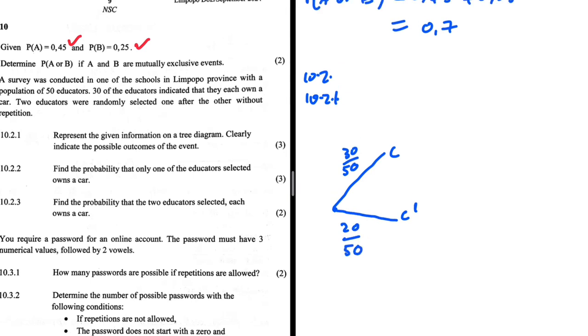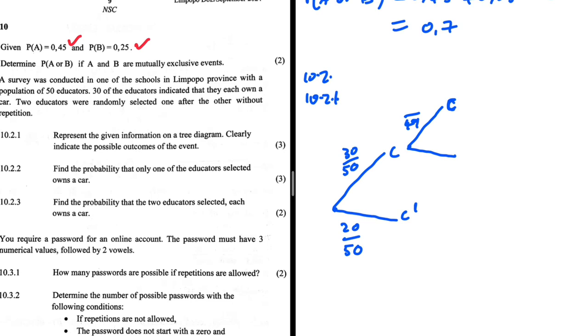So let's say that the first teacher to be selected randomly has a car. So what is the probability that on the second selection, the teacher selected will also have a car? There is no replacement here of any sort, right? So now we are left with 49 teachers because the first teacher with a car has been selected.